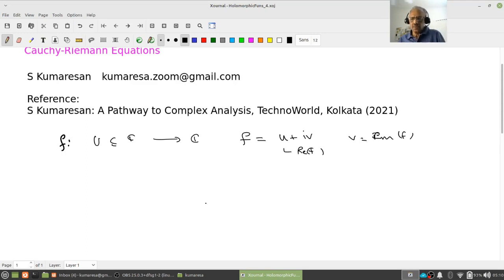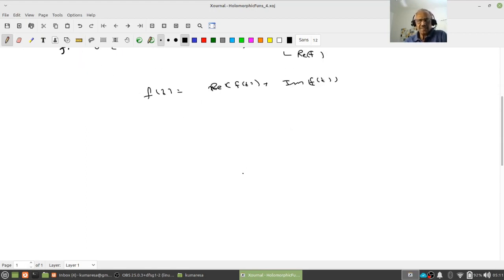These are nice because we know that f of z is a complex number, therefore I can write it as the real part of f of z plus i times the imaginary part of f of z. It's theoretically easy, but in my experience many students do not know how to do that. It just requires care and practice. So let us give some very easy examples.